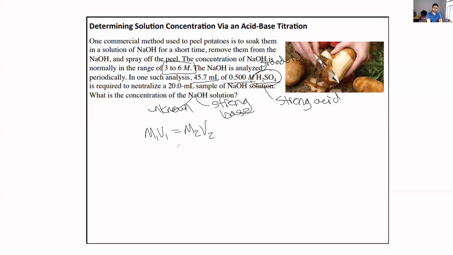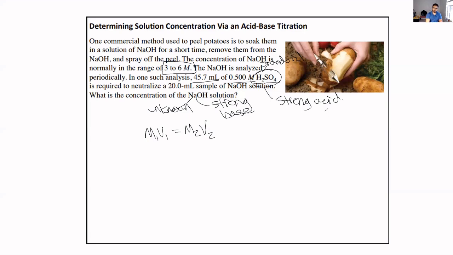Okay? M represents molarity, V represents volume. And the 1s and 2s are for each of the different solutions. Okay? So you might be asking, why are we multiplying molarity times volume? Well, I already told you the equivalence point is the point at which the moles of acid equals the moles of base.